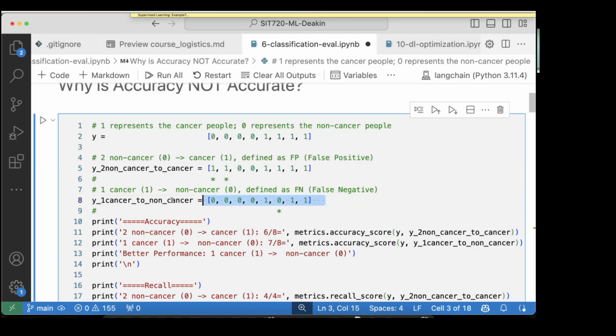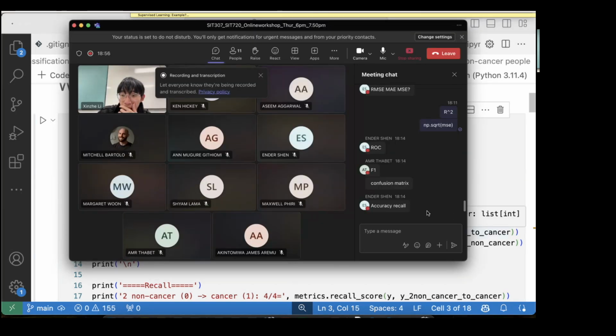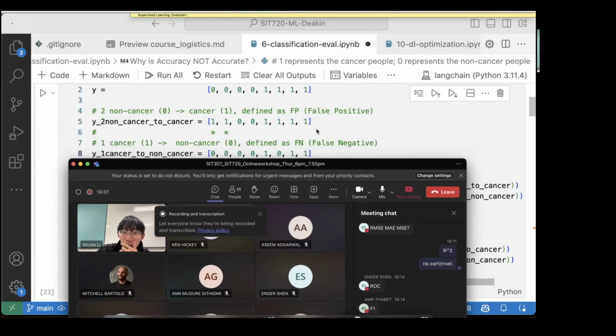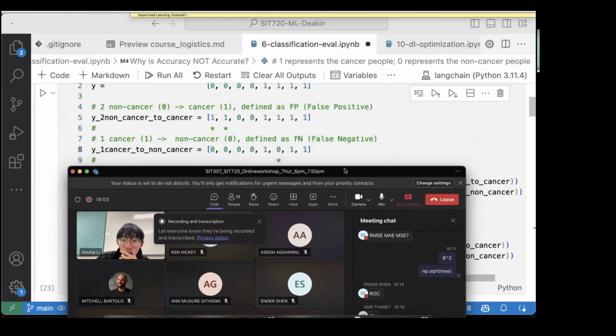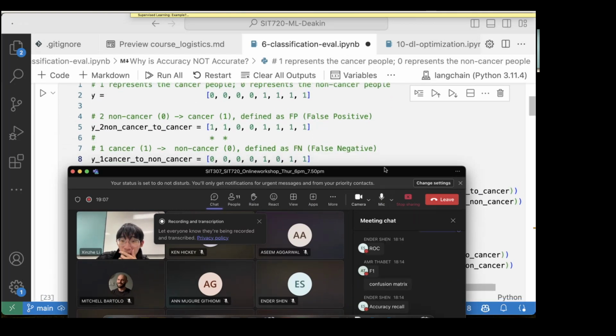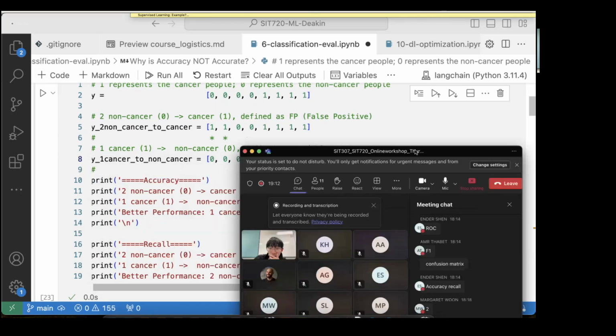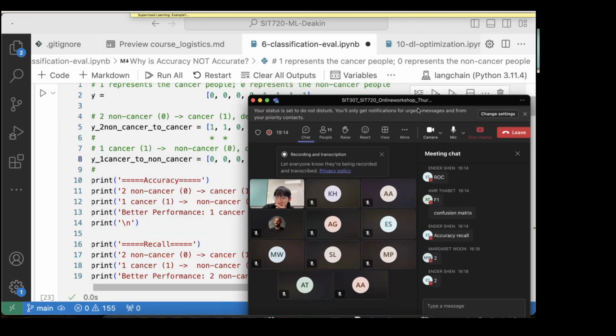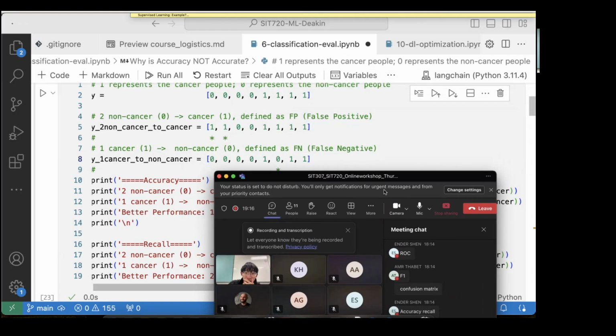So according to accuracy, which one would be better? Just type the first one or the second one. Okay, so according to accuracy, which one is better?